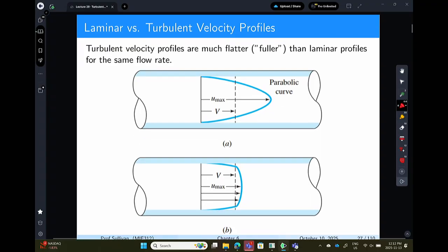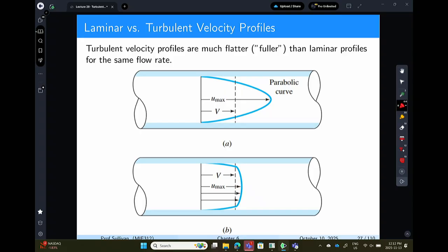The important difference here is what the profiles look like. In the last couple lectures, we talked about this kinetic energy correction factor, alpha, and why you use it when you have parabolic profiles. That's the parabolic profile at the top, where you have a maximum velocity at the center and a decreasing velocity to the wall. In all cases, they go to 0.